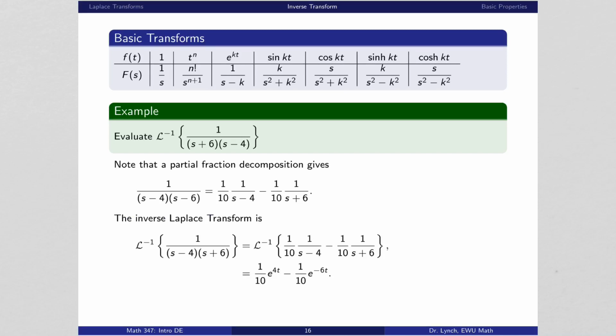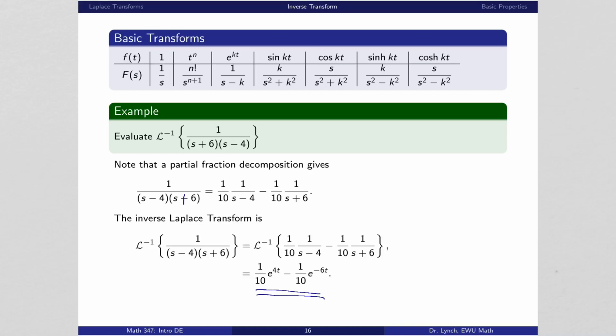So in this case, the inverse transform of the rational function is the inverse transform of 1/10 times 1 over s minus 4 minus 1/10 times 1 over s plus 6, which, using linearity and the transform of e to the kt, is this combination of exponential functions that we see here.